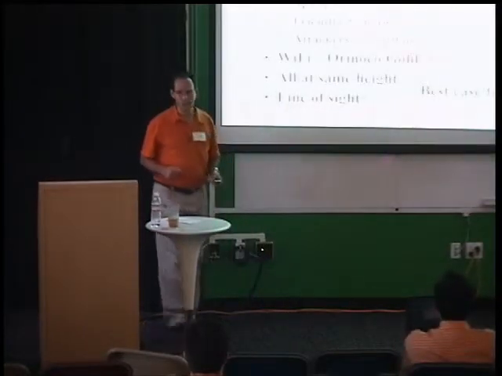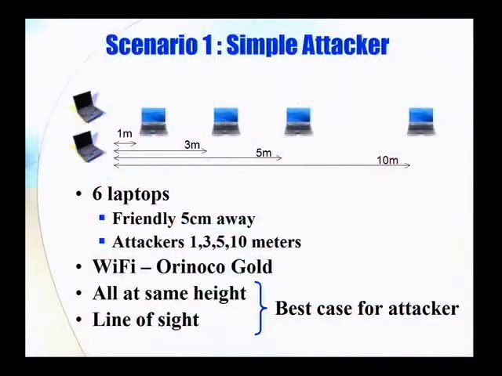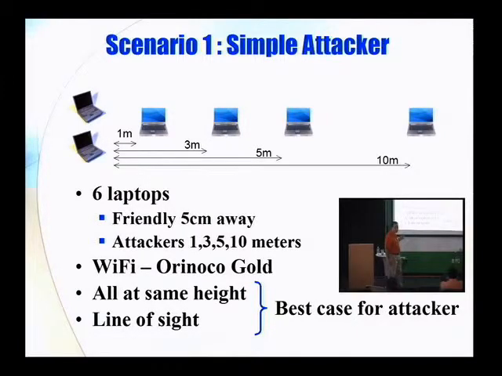OK, so I'm going to show you the results from a set of experiments where we progressively look at more sophisticated attackers. For the base case, I'm considering a scenario where we have two devices that I'm trying to pair. The devices are 5 centimeters away from each other.